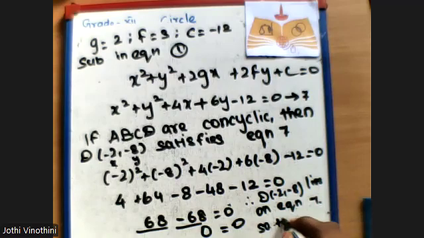So the given points are concyclic. GN means given, PTS means points. Clear? I hope you are all clear with this one.